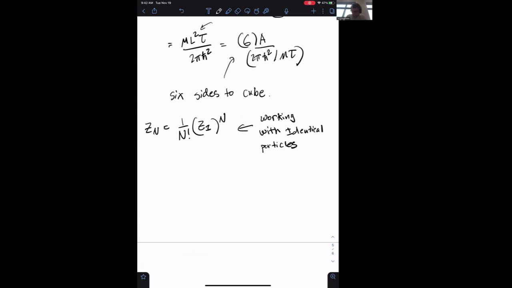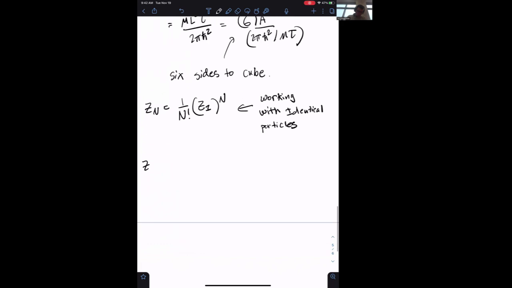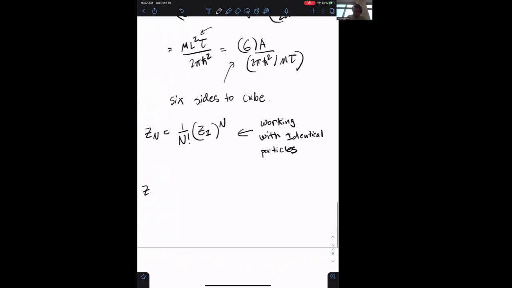So if we want now the partition function of all of the particles in the volume, I'm gonna write that just ZV, all the particles in the volume is equal to 1 over particles in the volume.